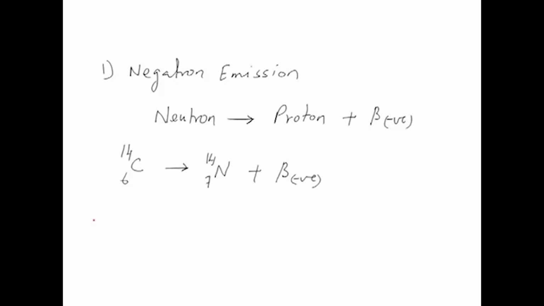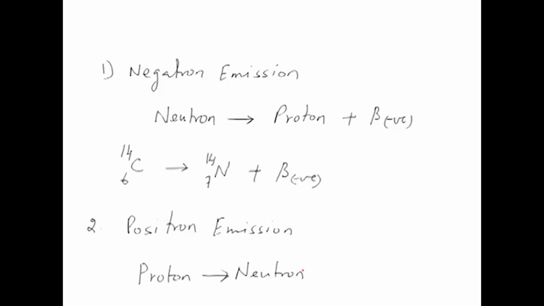Now, the second one is decay by positron emission. A positron is just opposite to a negatron, like a beta particle which is positively charged rather than negatively charged. What happens here is that rather than a neutron being converted to a proton, it is a proton which is converted to a neutron plus a positively charged particle, or beta particle, as you can say.